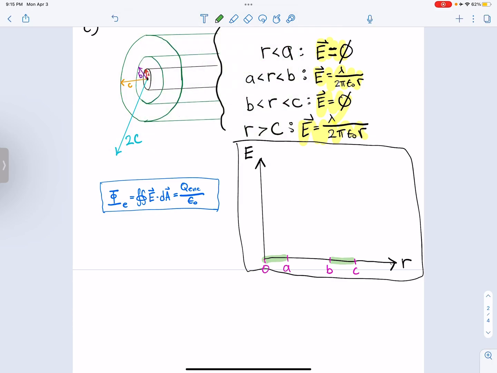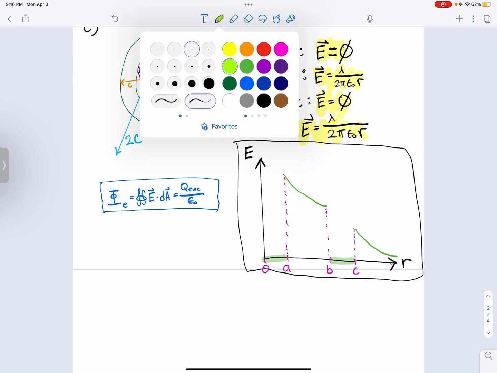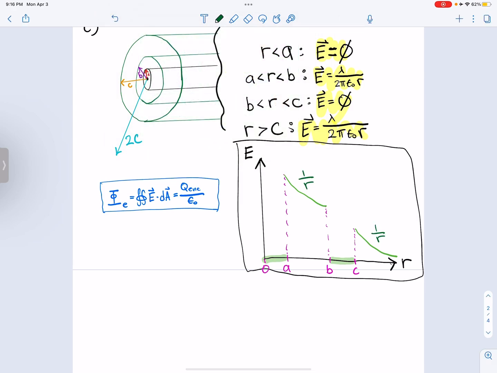So I'll have a certain value there, inverse. And that is the graph for part C. That's going to be the final answer for part C. This is any constant over r, 1 over r.